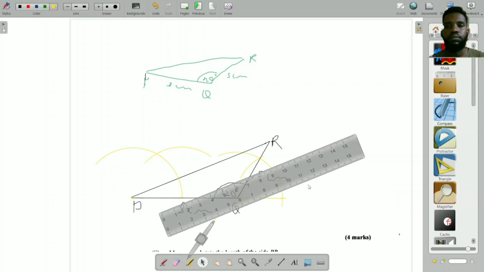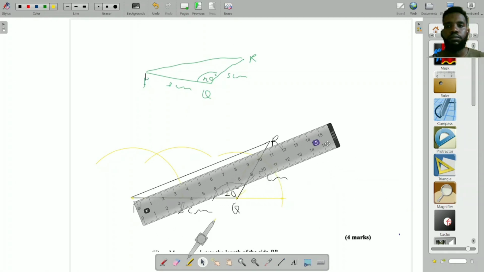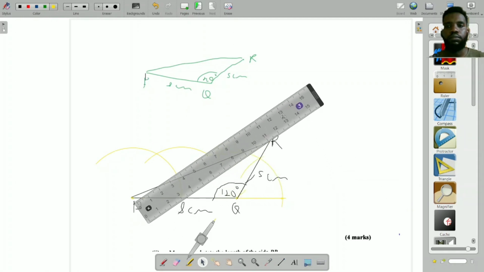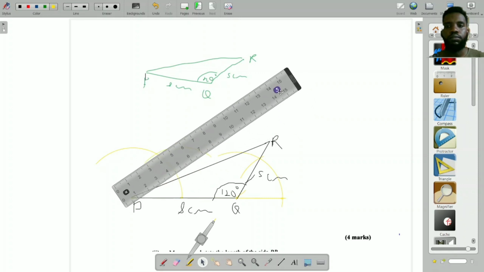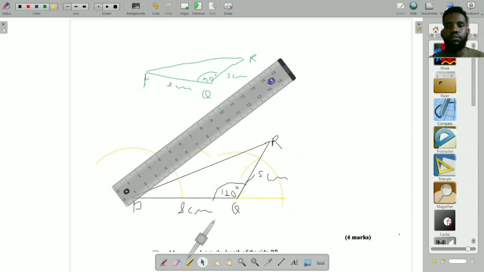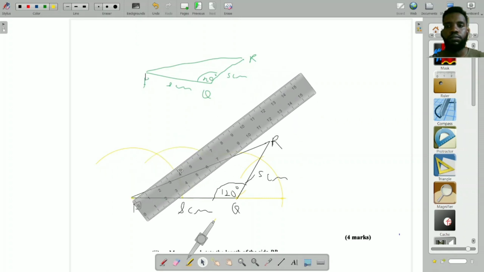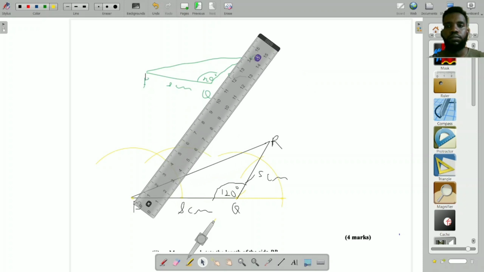So now all I need to do is draw a line right through the center there and make sure that it's 5 centimeters, as opposite sides are equal. So let me just quickly perfect this. Let me get this down to this point right here, and let me turn this part up here.